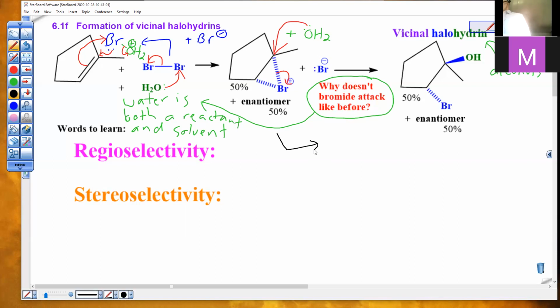And what's it going to look like? It's going to look a lot like the product. But the oxygen still has 2 hydrogens. And what do we have here? It's an oxonium.